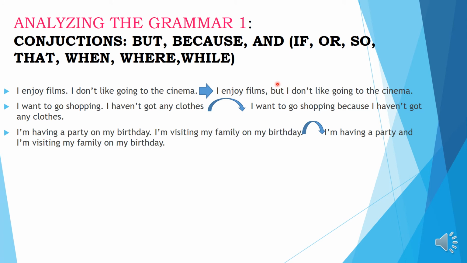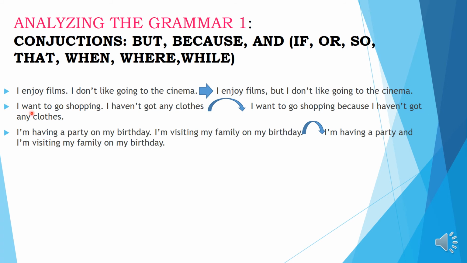As you can see, I have the conjunction but. I have an affirmative sentence, and after that an opposite idea, a negative sentence. The conjunction here is but, which indicates a contrast.